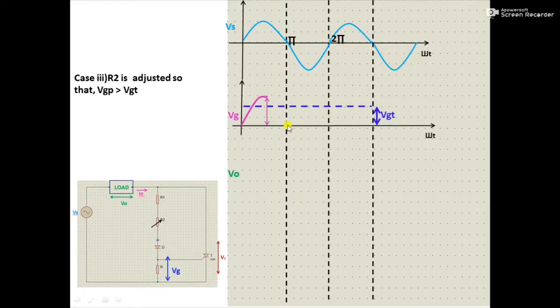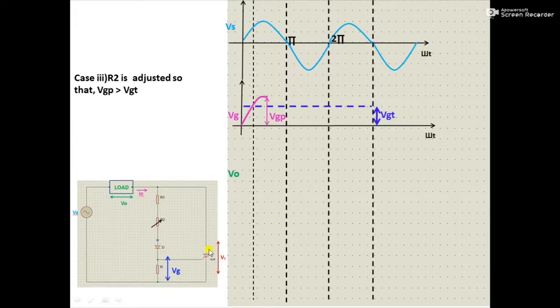And as we have seen earlier, when this voltage VG reaches this point of VGT, the thyristor turns on. So in this case, our thyristor will turn on at this instant, which is shown by this dotted line. So here the thyristor turns on.